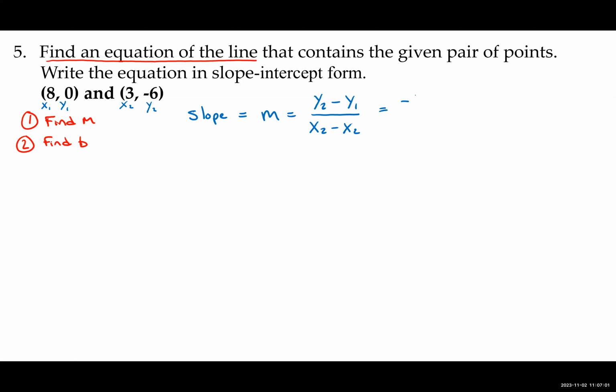So that is y value minus y value, right? -6 minus 0 divided by the x value minus the other x value. -6 minus 0 is -6. 3 minus 8 is a -5. Two negatives cancel. That's +6/5.